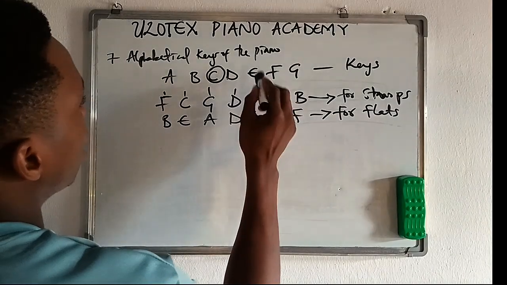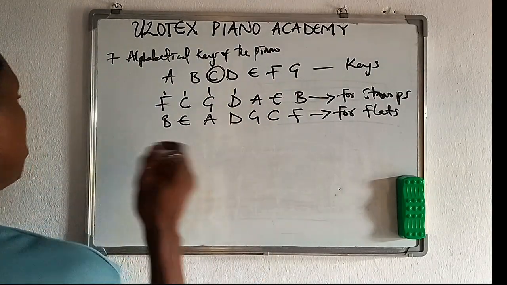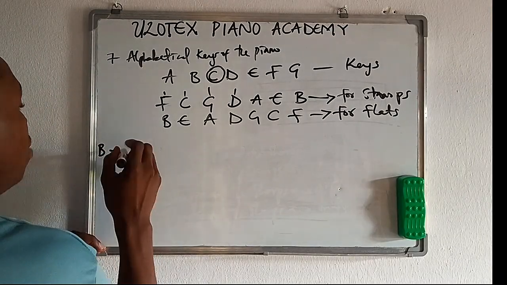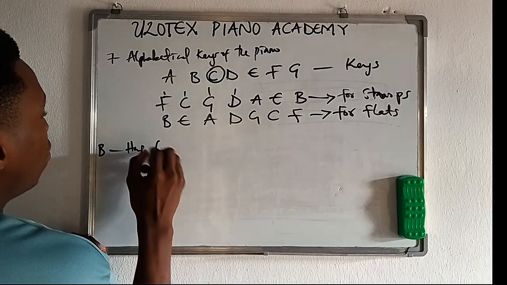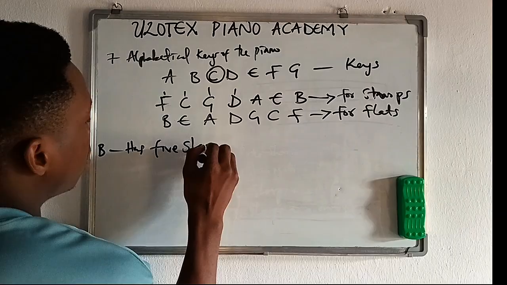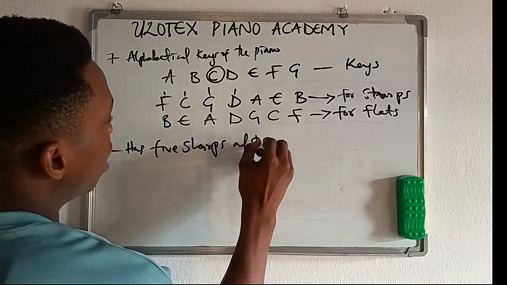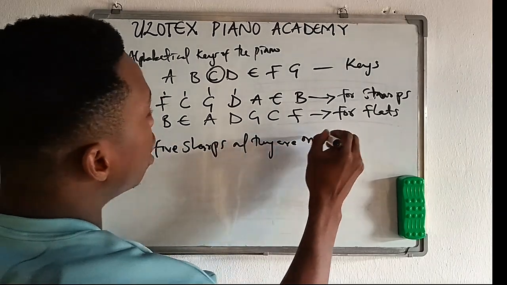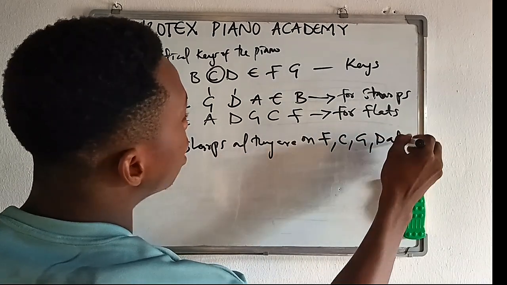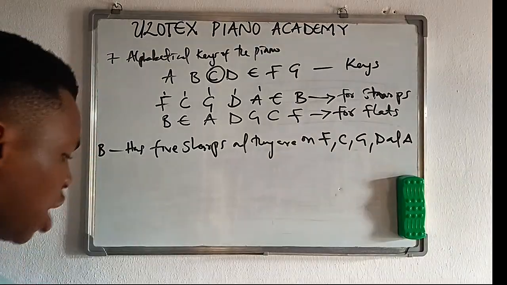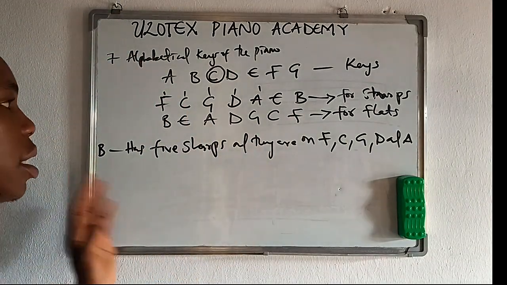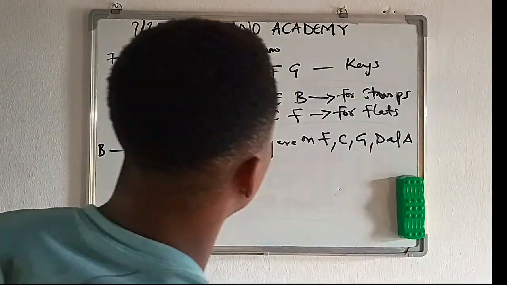We'll continue again. 1, 2, 3, 4, 5. So now we're stopping at key B. Key B major has five sharps, and they are on F, C, G, D, and A. So if you scale on key B, you find out that key B has 5 sharps and it is located there.